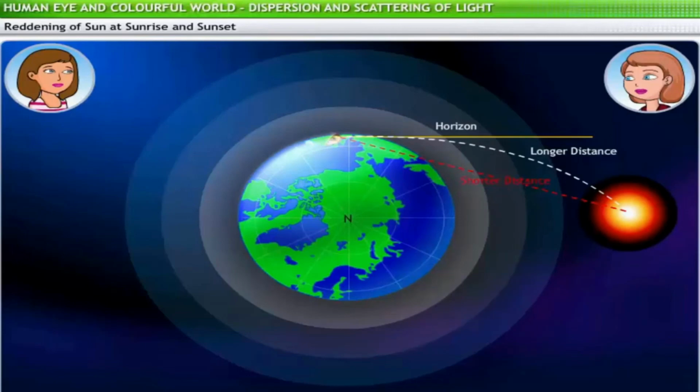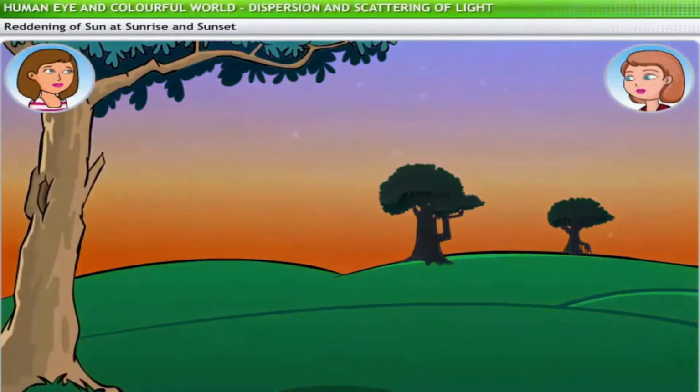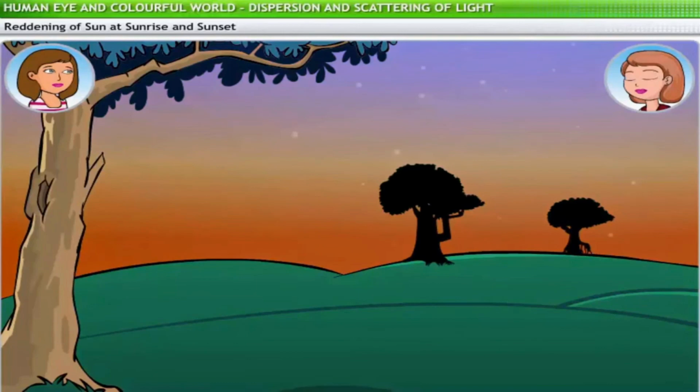This is because the short wavelength blues and greens get scattered. Only the longer wavelengths are left in the direct light beam, which is what reaches your eyes. Therefore, you see longer wavelengths and the sky appears red, pink, or orange.